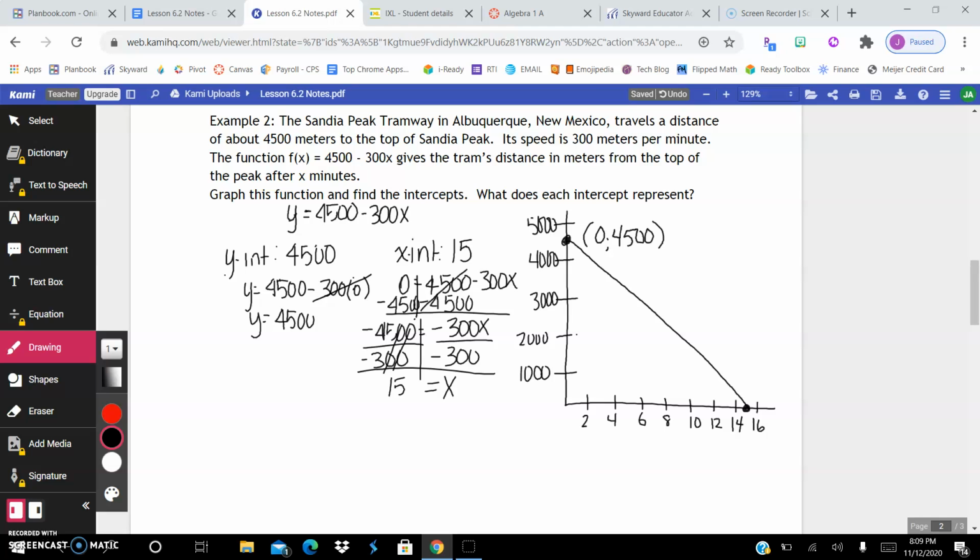And then it says the distance in meters from the top of the peak after X minutes. So our X value is our minutes. So if we go over here, this one is 15, 0. So after 15 minutes, we are 0 meters from the peak.